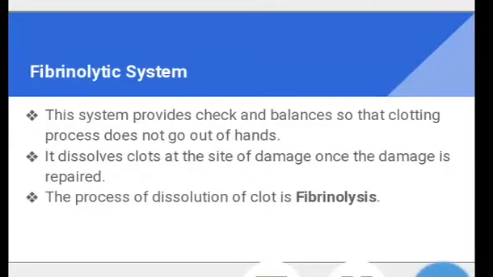to dissolve the clot after repair of the blood vessel, then there is continuous coagulation of platelets, or continued formation of clot. After this clot formation, there are blood flow disturbances.